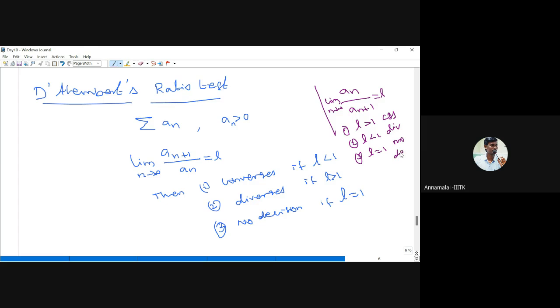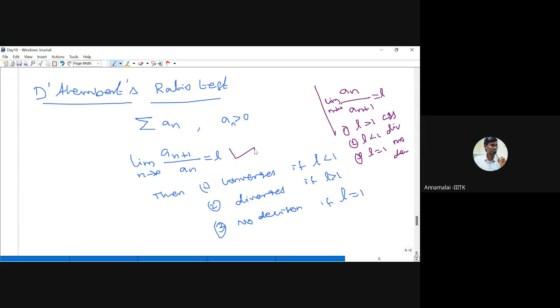So keep in mind whether you are taking an plus 1 by an or an by an plus 1. It is better to take an plus 1 by an, because less than 1 always means converges, greater than 1 means diverges, and L equal to 1 means sometimes it converges and sometimes not.